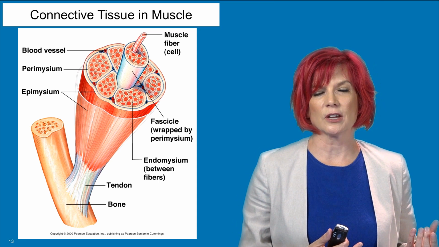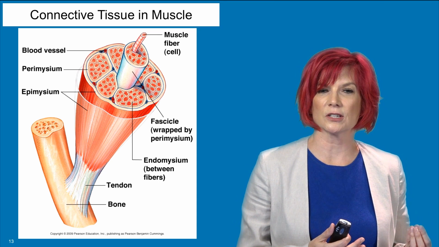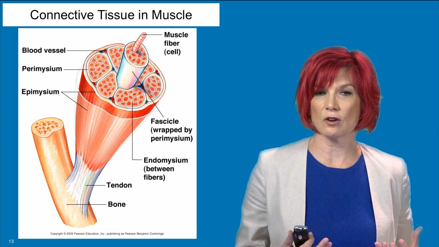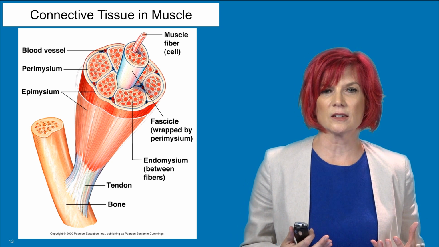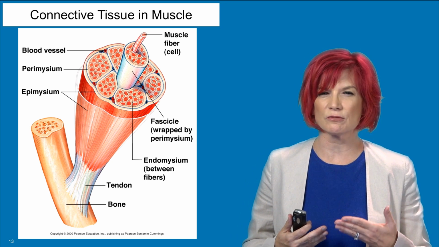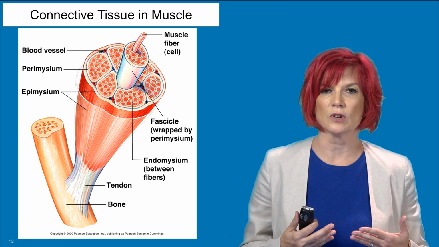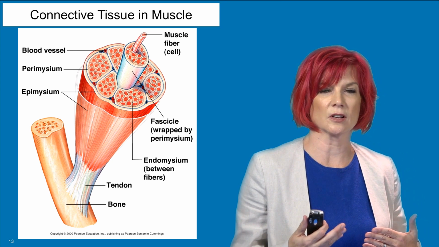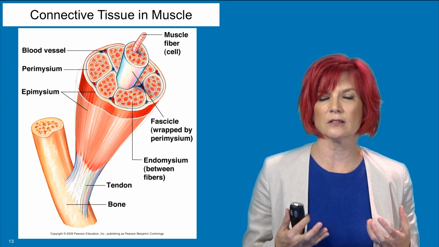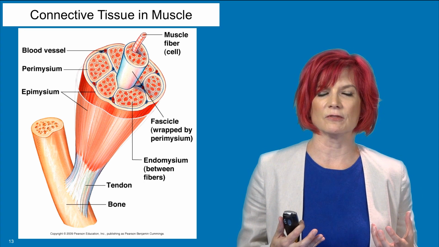The connective tissue layers are really a critical part of the structure of the overall muscle. And as we're going to learn later, when we start to really get into the mechanisms of disease, the connective tissue interaction with the skeletal muscle fiber is really critical for the function of the fiber.